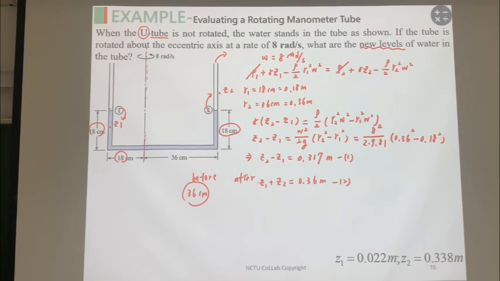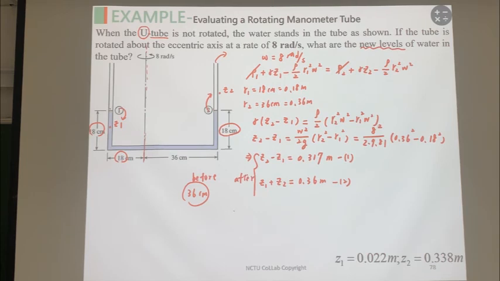Before and after, the total liquid height is the same, because the liquid didn't flow out. So you have two equations, and then you know how to solve for Z1 and Z2.